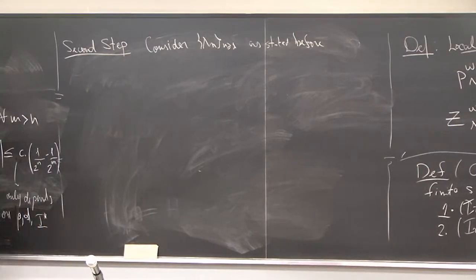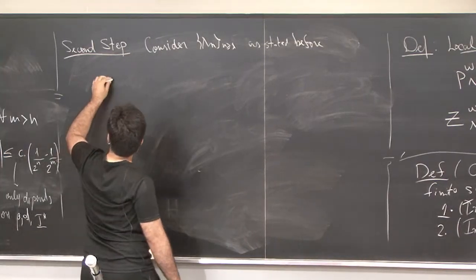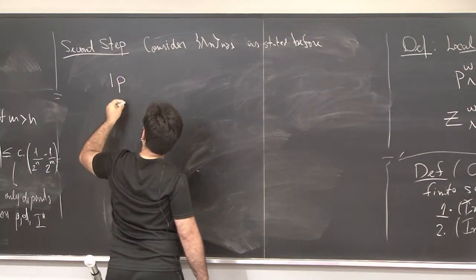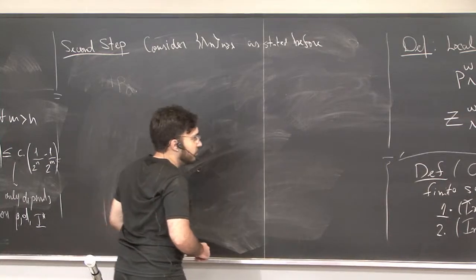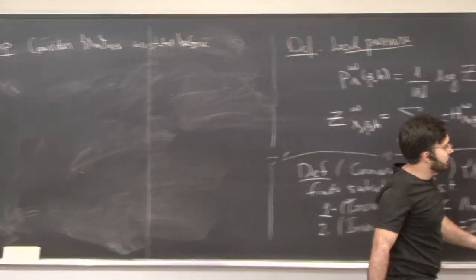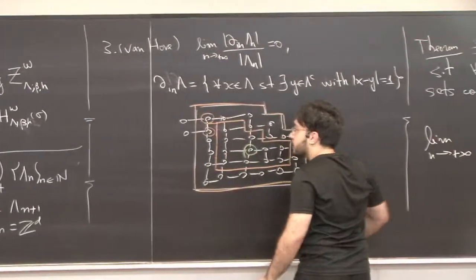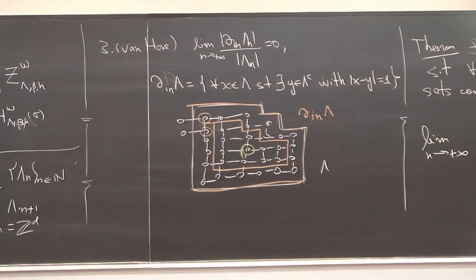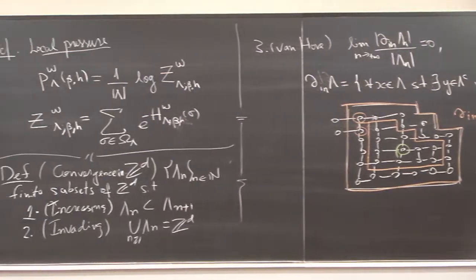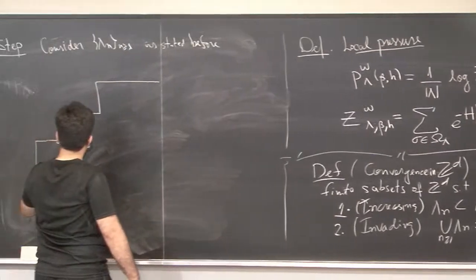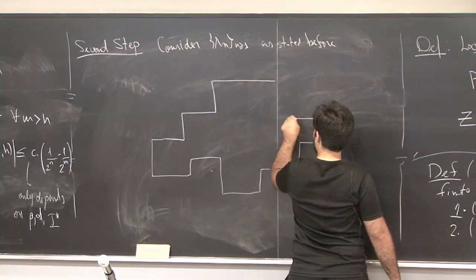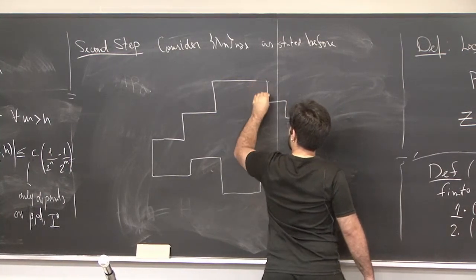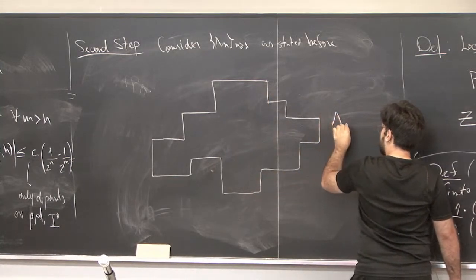So what happens is, if I have a general set like this, okay, let me draw again. I guess it's better. So, a general set, lambda n.